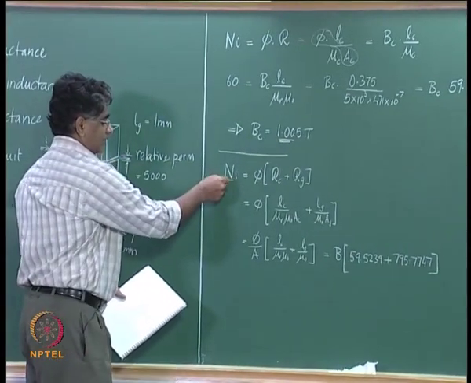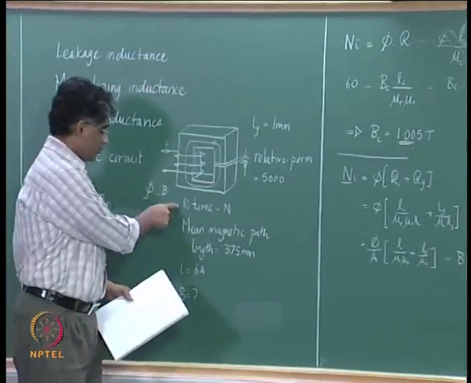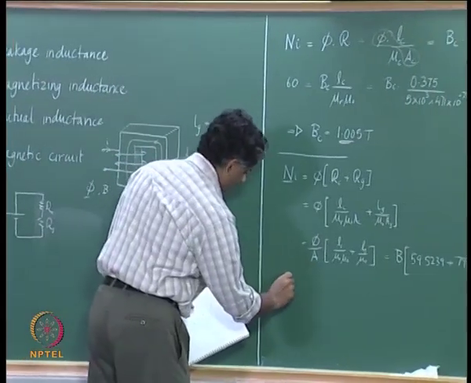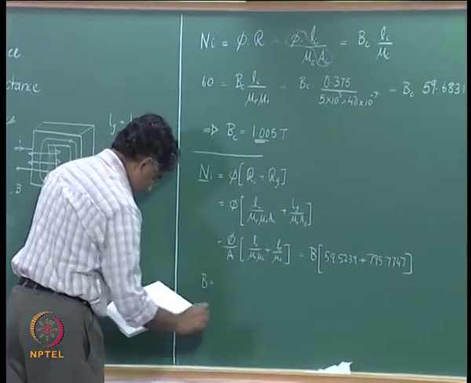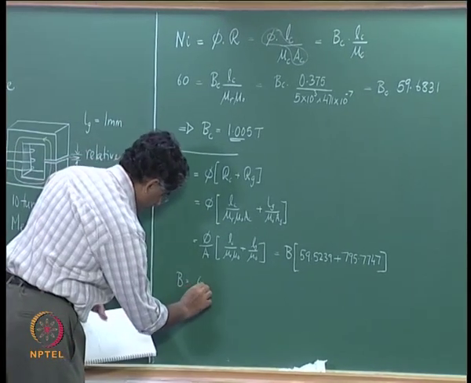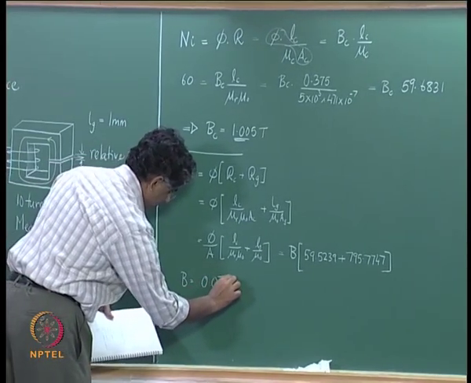N into I remains the same, you have the same number of turns, the same current flowing, and therefore if you divide that you get B equals 0.07 Tesla.